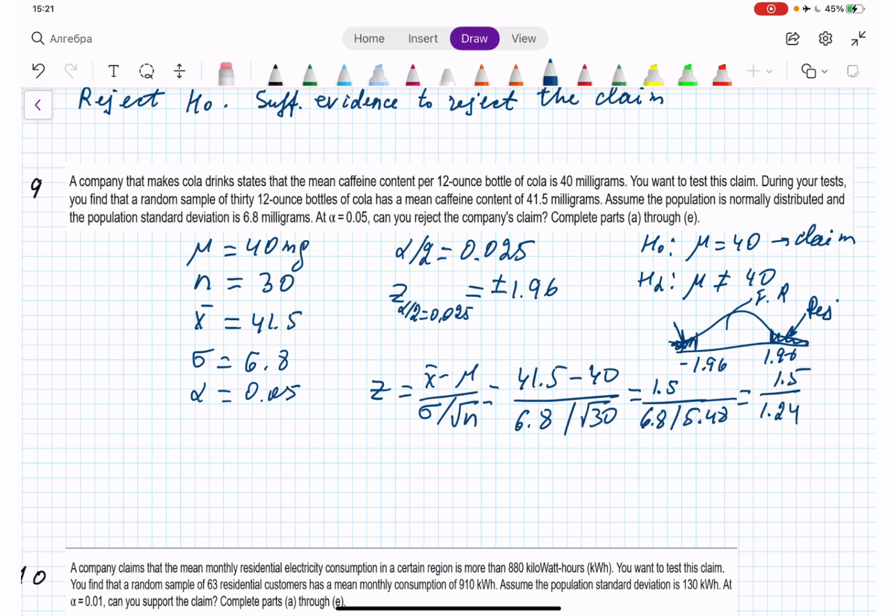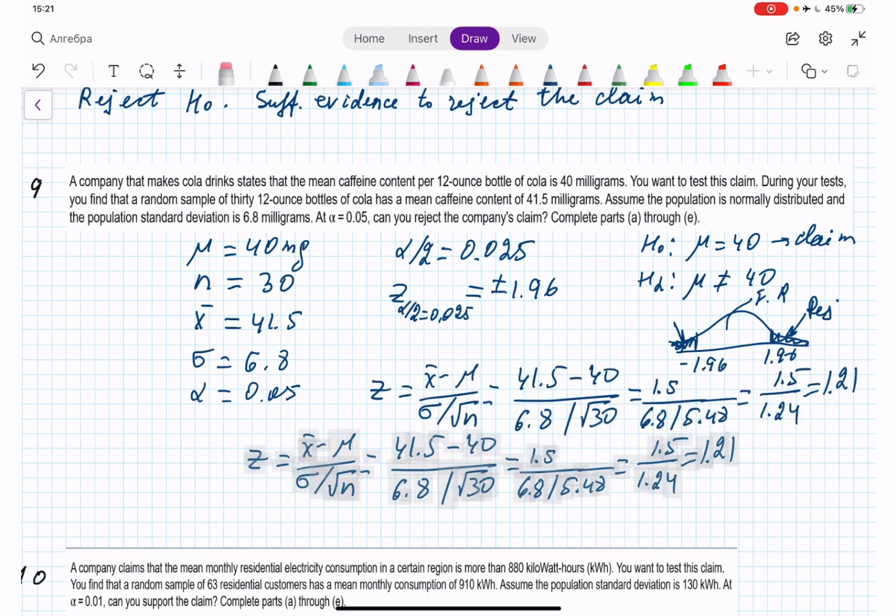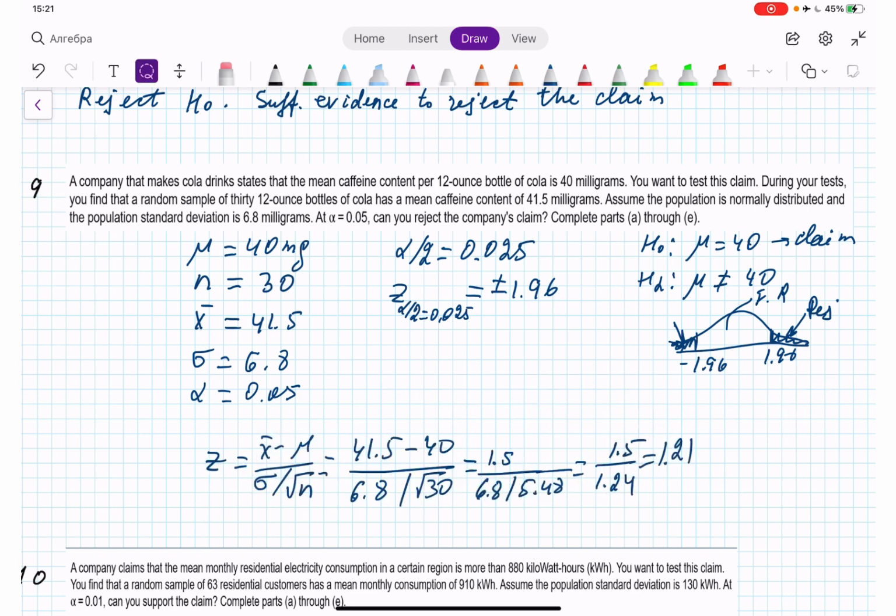And here 1.5, and 1.5 divided by 1.24 is equal to 1.21. Let me move it here. It looks messy. Okay. So we are getting 1.21, and that's the standardized test statistic.